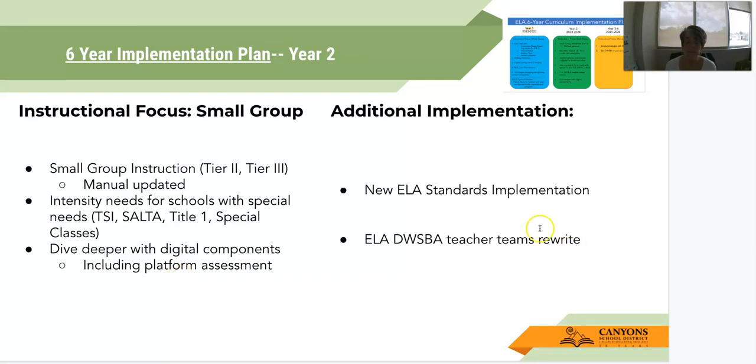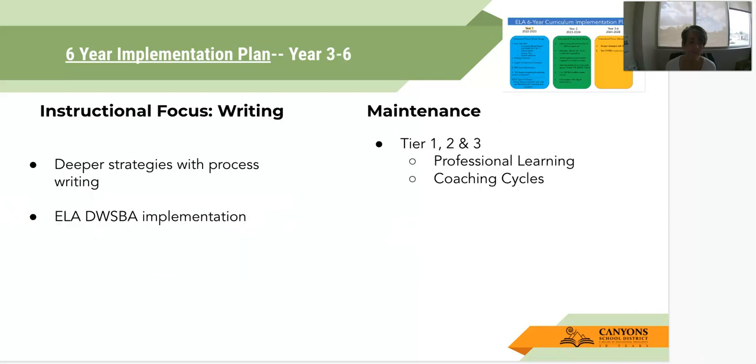The additional implementation that we will be doing with that is new ELA standards, and the ELA DWSBA will also be rewritten in year 2. In years 3 through 6, we'll have deepening writing with the writing process.